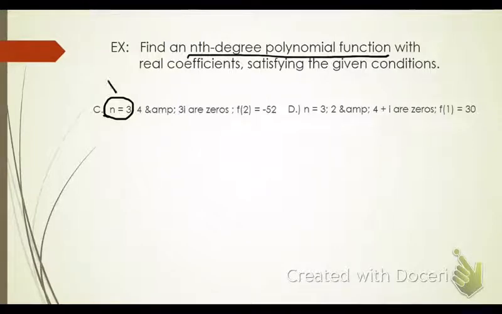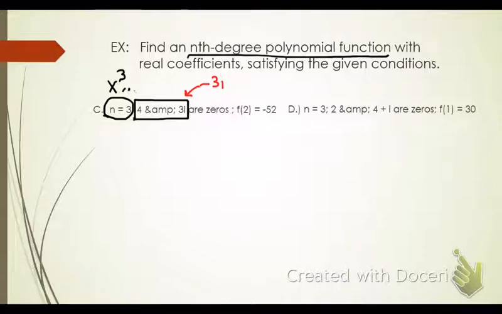So since n is 3, that means when we're done, we want an x cubed function. Now I'm also telling you some zeros. Once you see an imaginary 0, you've got to realize that another one comes with it. So -3i is also a 0.